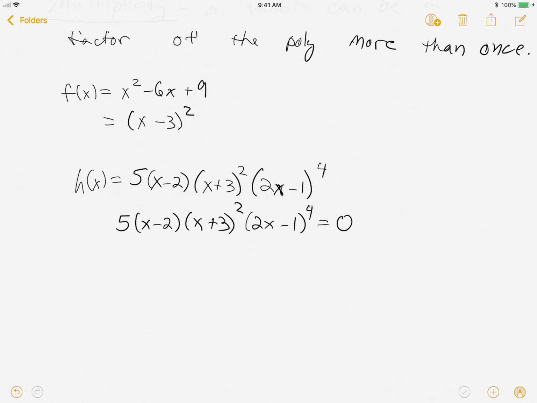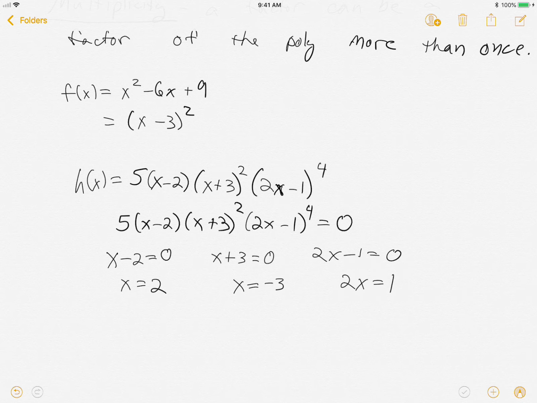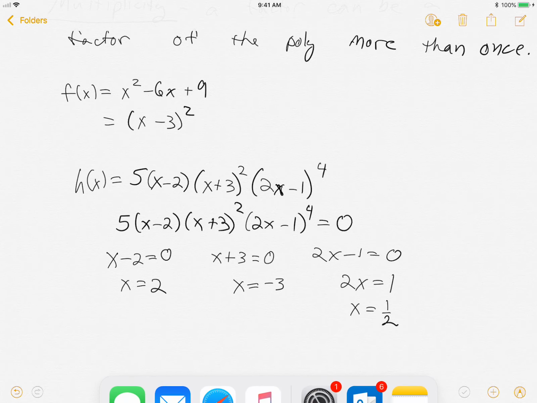Okay, then all we got to do is set each of the factors equal to 0 and solve each of those. So we get 2, negative 3, and 1/2.